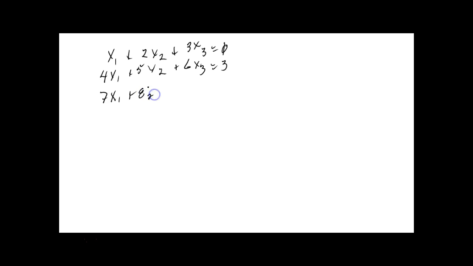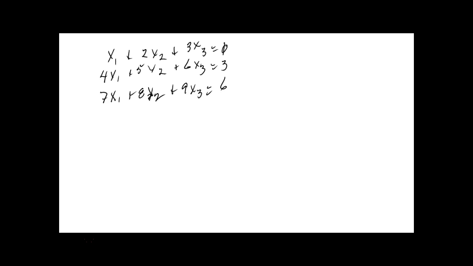Here is your linear system: x1 plus 2x2 plus 3x3 equals 0. 4x1, they're very creative in their coefficients here, plus 5x2 plus 6x3 is equal to 3. 7x1 plus 8x2 plus 9x3 is equal to 6. Yeah, I thought that was going to be the case.